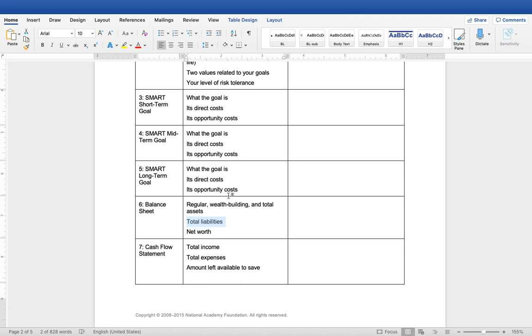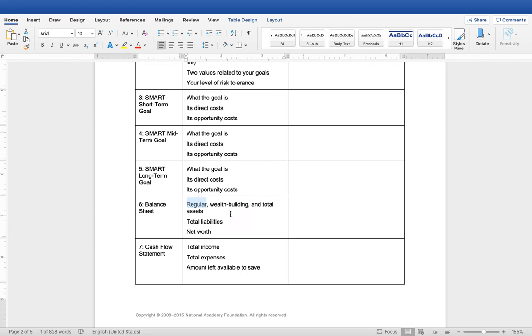Okay, so if you have a car that's a regular asset and it's worth $15,000, if you were to sell that car today, you could sell it for $15,000, but you have a loan of $10,000, so you will put $15,000 as your regular asset, but you have a liability of $10,000 on that car because that's a car loan. If you have a mortgage, whatever amount you still owe the bank or the creditor, that's a liability. Student loans, that's a liability.